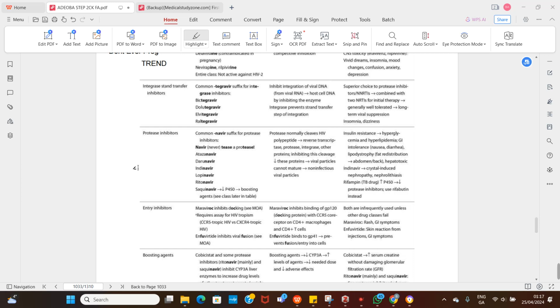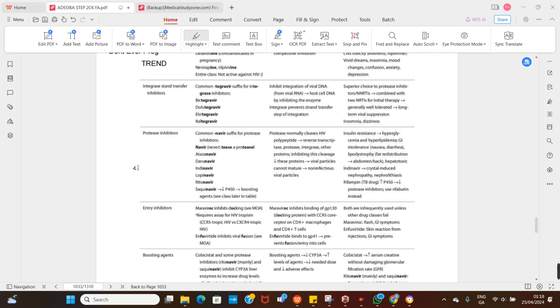Now, you want to be careful combining rifampin with protease inhibitors, because rifampin is a cytochrome P450 inducer. When it induces cytochrome P450, it will rapidly metabolize these protease inhibitors and they are mopped out of the circulation. So you would need to increase the dose of the protease inhibitors, which will not help us. So instead of using rifampin when you are treating TB, use rifabutin.